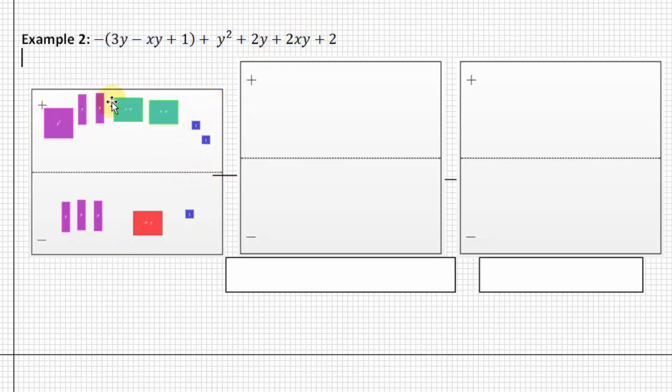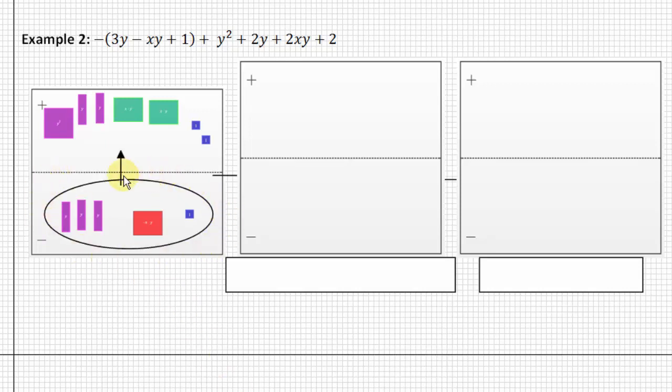So this is pretty much what our board should look like when we draw in those tiles. And then what's our next step? What do we need to do to get to our next step? Pause the video here and see if you can draw in what our next step is going to be, and resume the video to see if we agree.